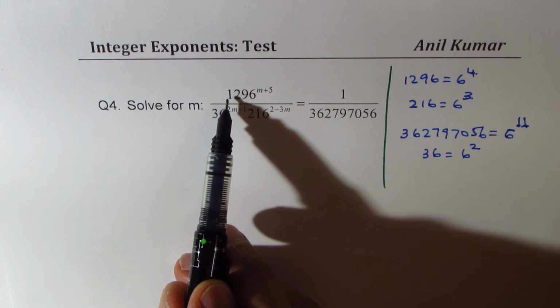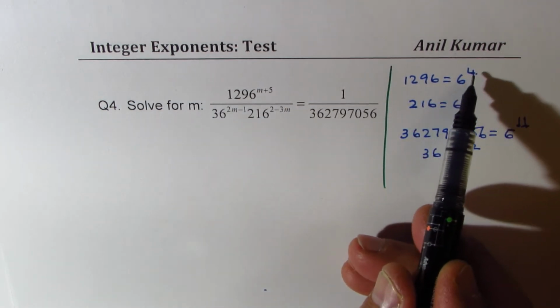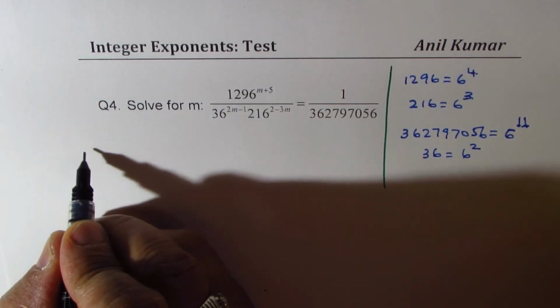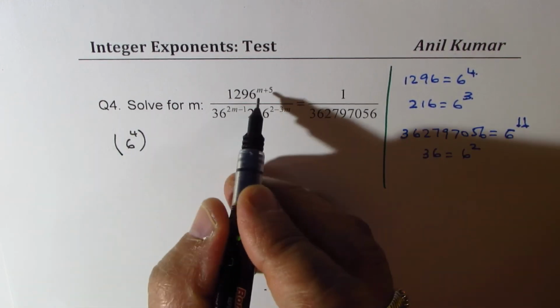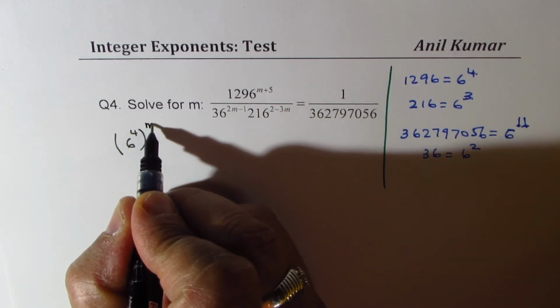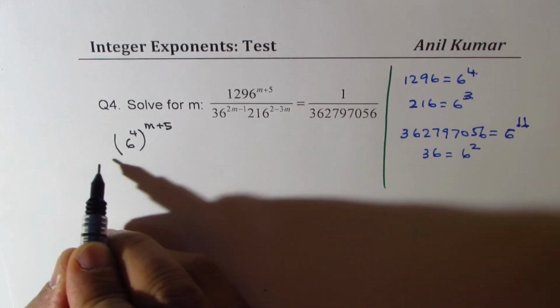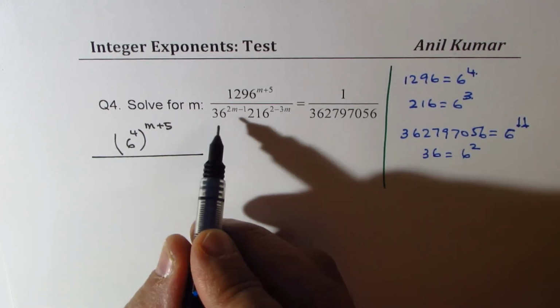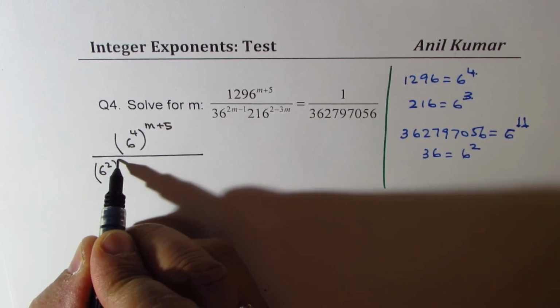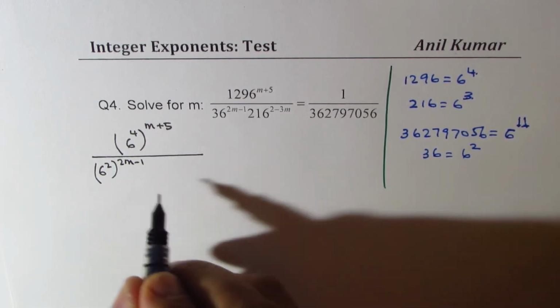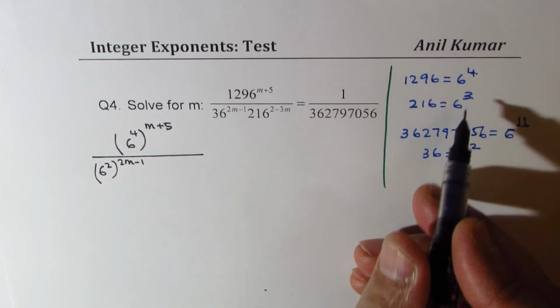So the numerator 1296 could be written as 6 to the power of 4. So we can rewrite this as 6 to the power of 4 to the power of m plus 5 divided by, here we have 6 squared to the power of 2m minus 1, and then 216 is 6 cube.